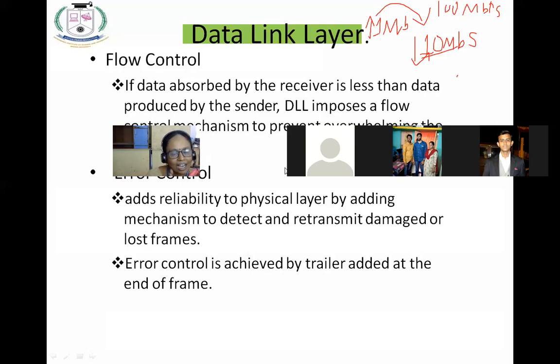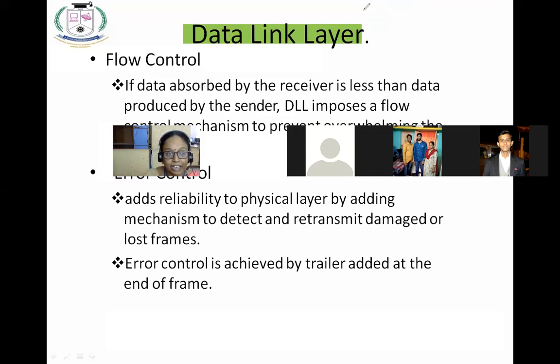While converting, it should be synchronized so there should not be errors. It has to check the parity and the error detecting code, so the data link layer is responsible for flow control as well as error control.